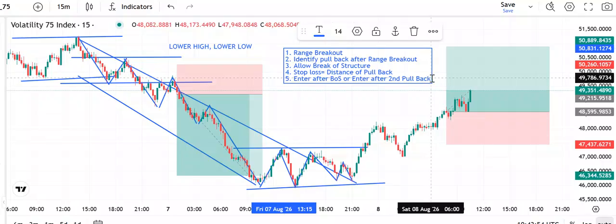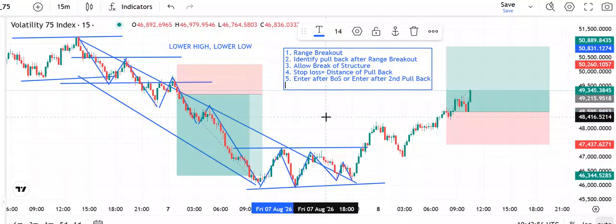Now, swing high or swing low is established after second candle formation.